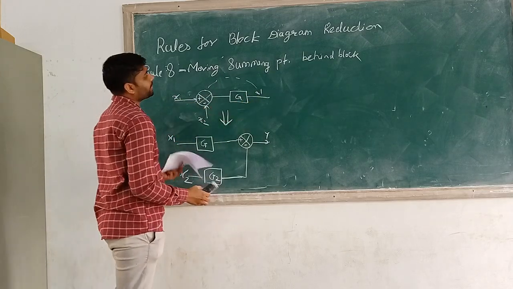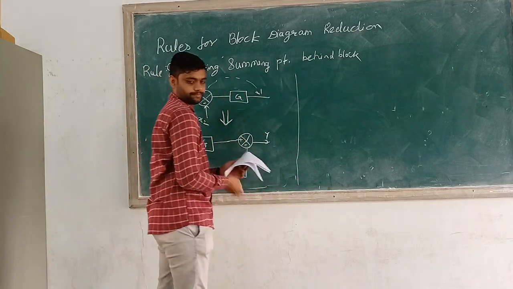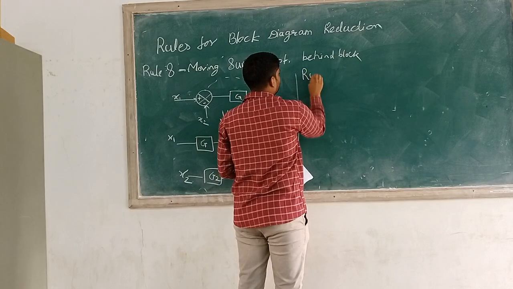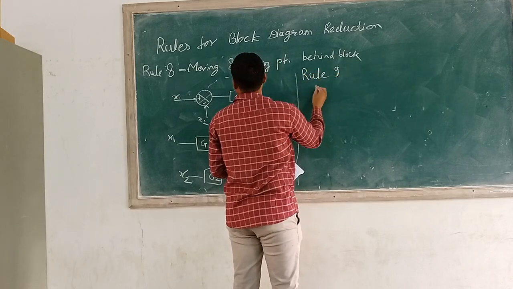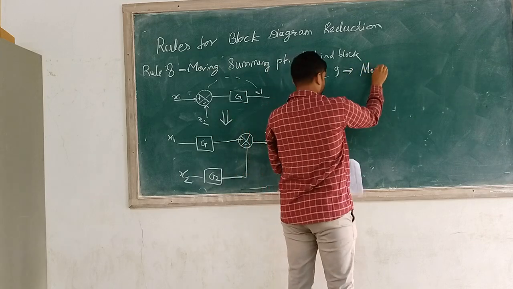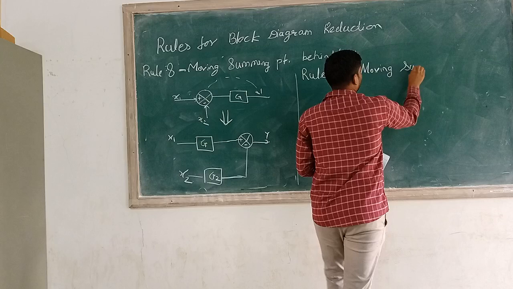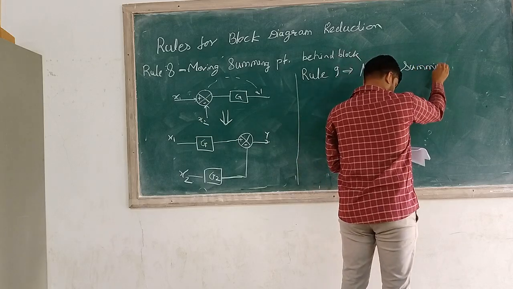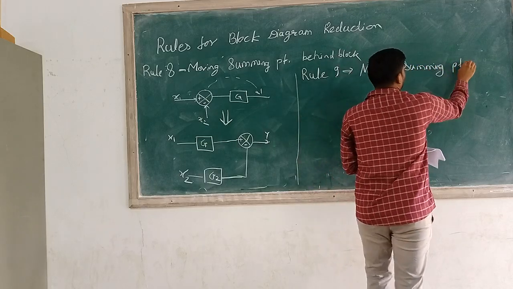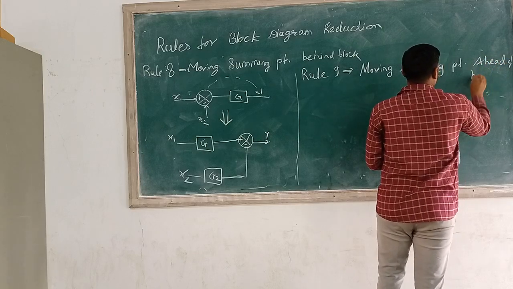Now moving this summing point, rule number 9. Rule number 9 is moving summing point ahead of block.